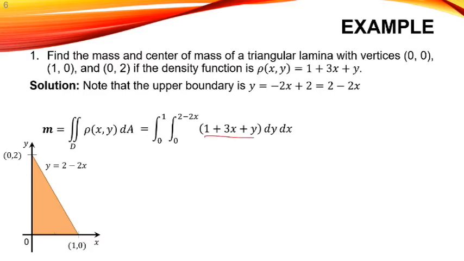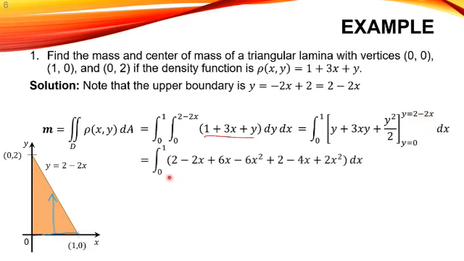So yung y ay evaluated from 0 to y is equal to 2 minus 2x, and x is evaluated from 0 to 1. Then performing the inner integral, so we have 1 is y, so 3x we have 3xy, then plus y we have y squared over 2, then y is from 0 to y is equal to 2 minus 2x dx.